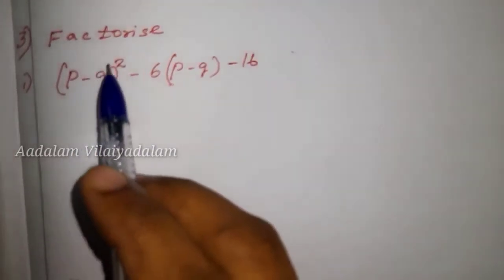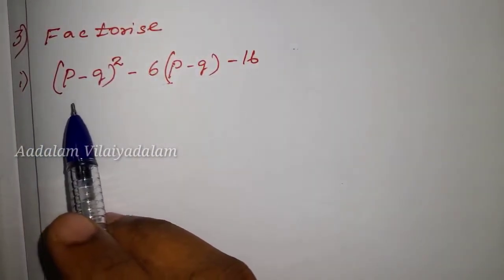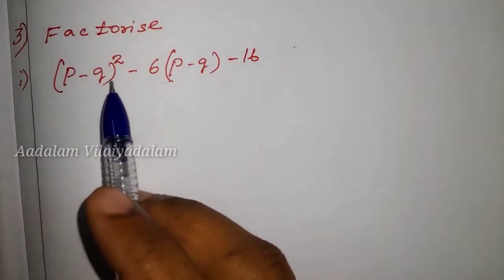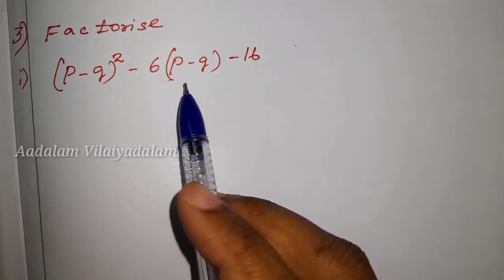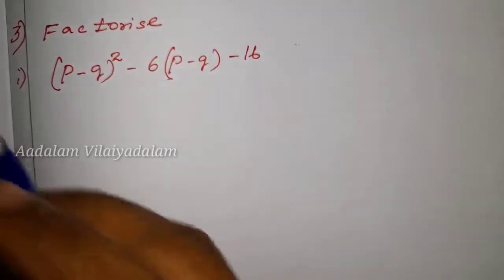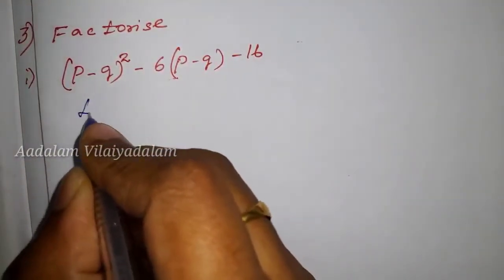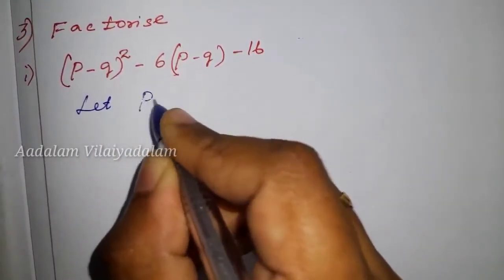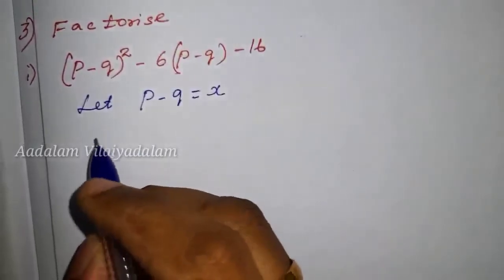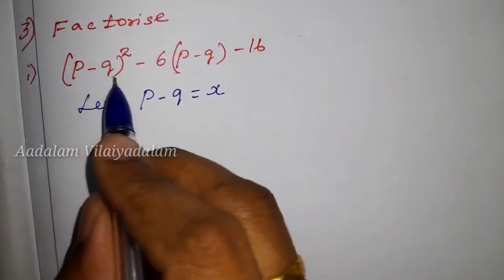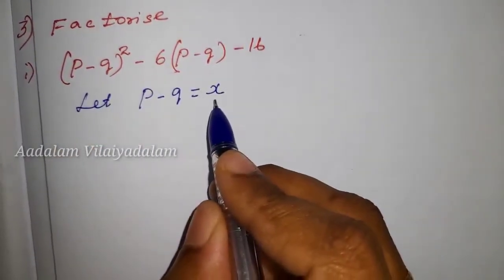Next question, factorize the first one: (p − q)² − 6(p − q) − 16. Here also we let p − q = x. So instead of p − q, we substitute x.